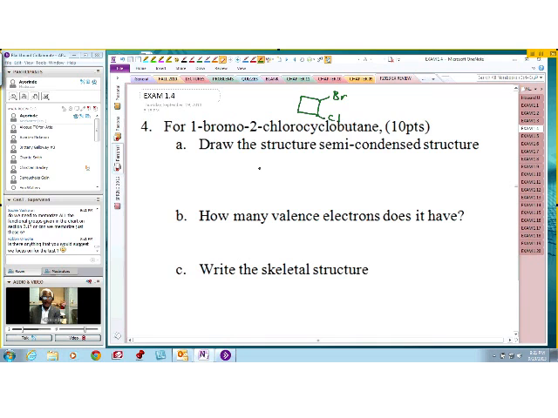To draw the semi-condensed structure for that, that would be this here. This will be your semi-condensed structure. Now the skeletal structure will be this.